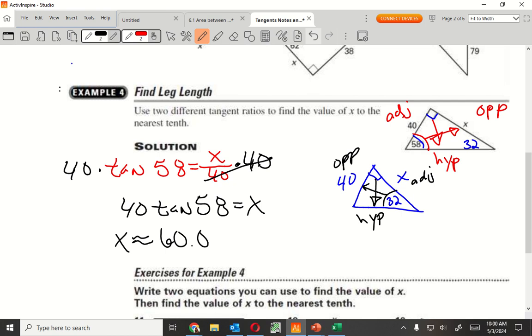So now I could do it from the other reference angle, and I could say tangent of 32 is equal to opposite, which is 40, over x. I could do this one exactly like I did with the previous example. You'll get the same answer.